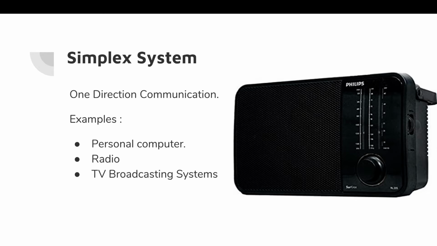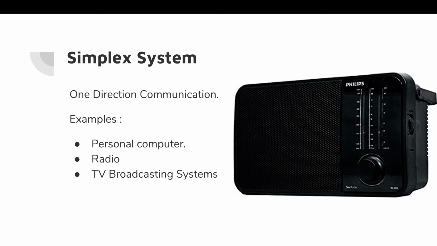When you type something through a keyboard, or when you move your mouse to point at a particular page or to click somewhere on a screen, this is known as one way communication, because there is no way that the monitor is going to transmit a signal back to a keyboard or a mouse. That's why the personal computer is another example of a simplex system.